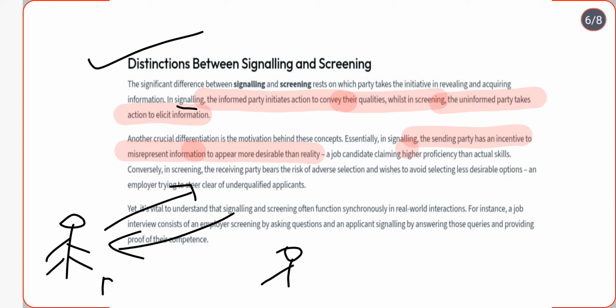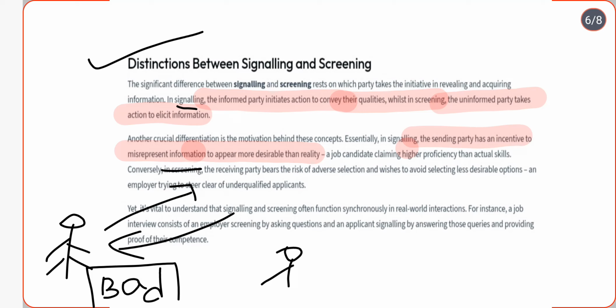Although suppose he is a bad candidate, he may fake that he is a good candidate by avoiding questions or by giving answers in different ways. Why is he appearing to be a good candidate? Because there is an incentive for him: if he gets the job, he will get the salary.